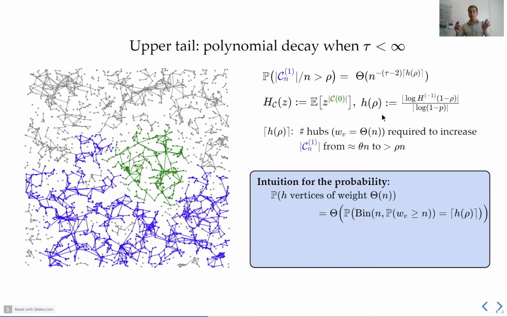So that means that we have roughly n vertices, and the number of vertices with weight at least n, of which we need h of rho rounded above, is binomially distributed with these parameters. So now we can substitute the weight distribution. So this probability is equal to n to the minus tau minus 1, by just integrating it out. And this is a very simple computation, roughly n to the minus tau minus 2 times h of rho.